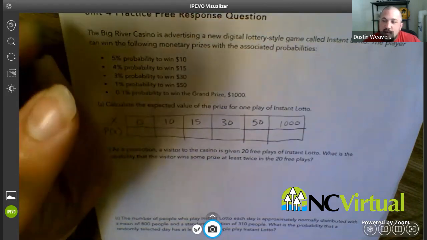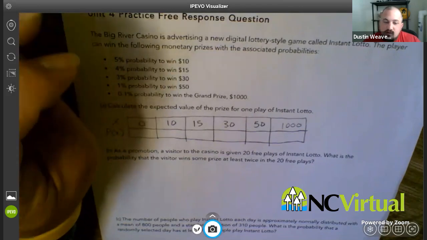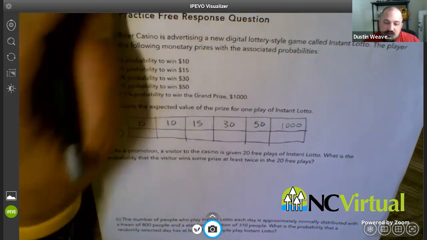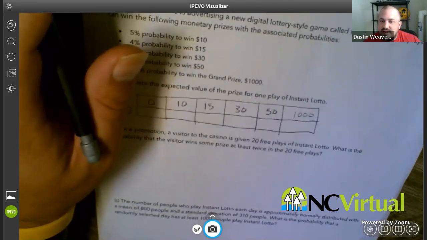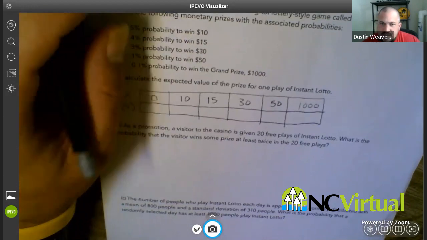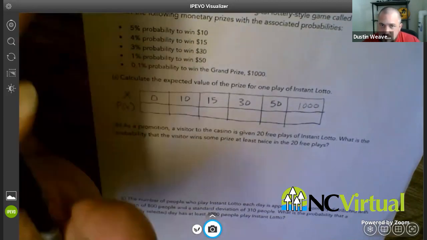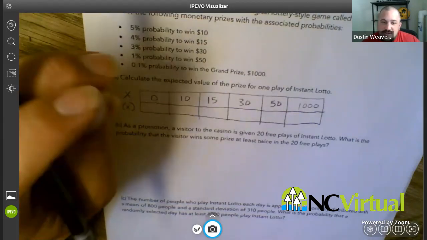I think the practice exam on Monday will help you see how it's going to be set up and what it's going to look like, how the two questions work, and how much time you are going to have. I think it's a great idea to take that practice exam first.